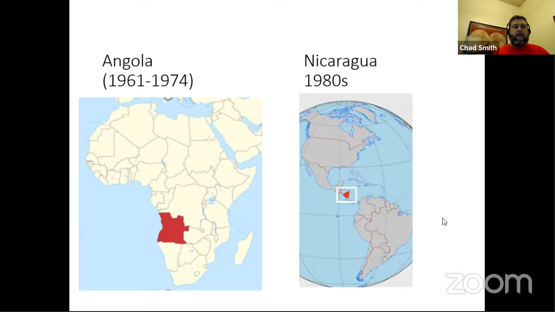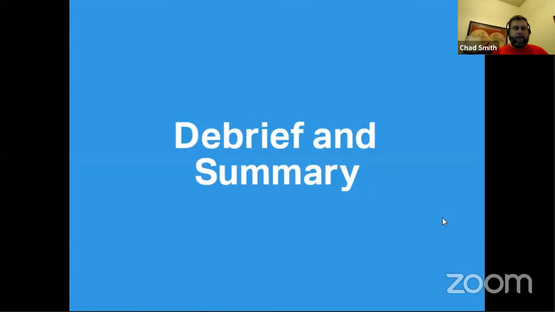Another example of a proxy war is in Latin America. In Nicaragua in the 1980s, there was a war between a group called the Sandinistas and the Contras for the future, the direction of the country. And in this war, like many others across the world, the United States and the Soviet Union picked the sides based off of their own ideologies in order to hopefully produce the outcome that they most desired.